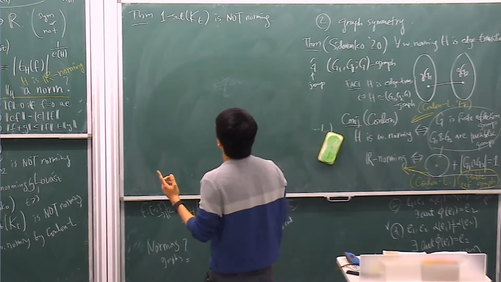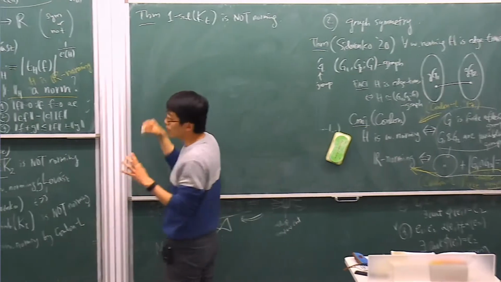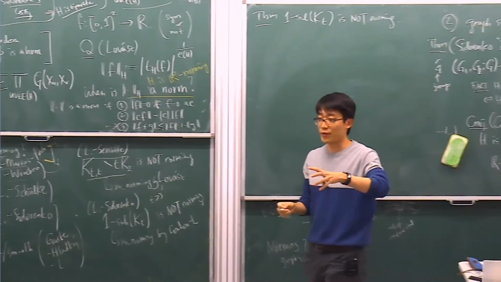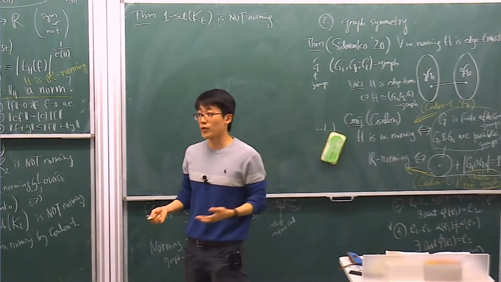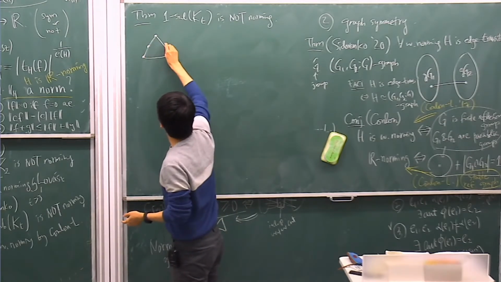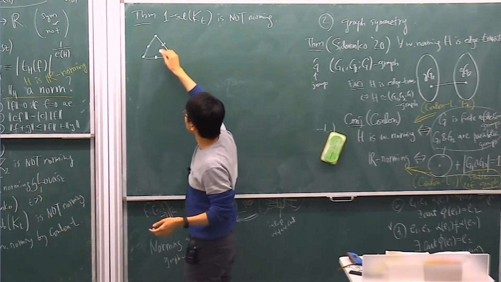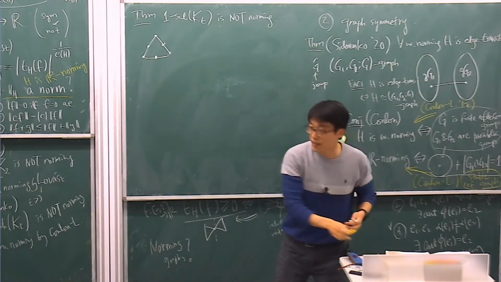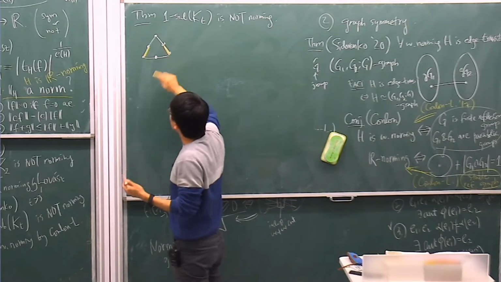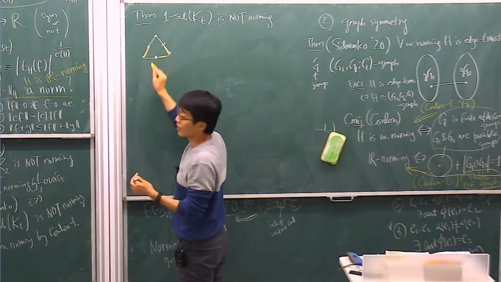And here's an interesting fact: whenever you have a symmetric enough 2-coloring of your one-subdivision of K_t, it gives you a tournament. The one-subdivision of the complete graph looks like this, and you color it in an alternating, or not necessarily alternating, way, but at least you have something like this.